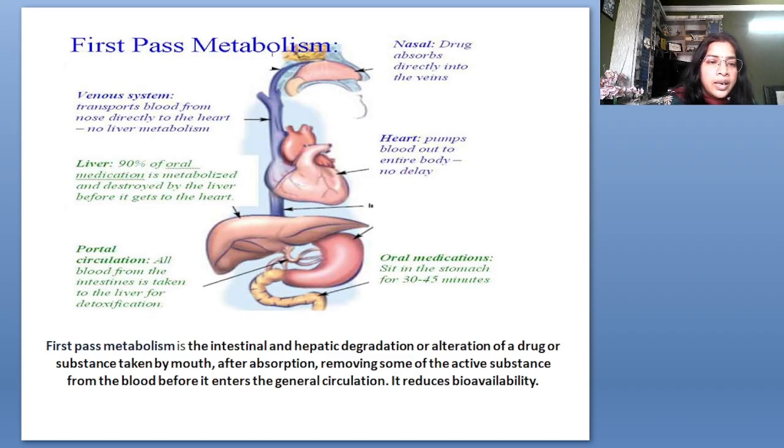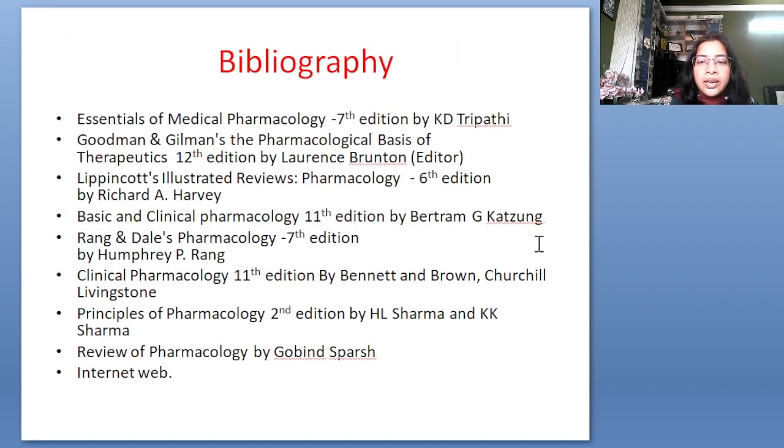For understanding the concepts better and in a detailed way, you can refer to these books: Essentials of Pharmacology by K.D. Tripathi, Goodman and Gilman's Pharmacological Basis of Therapeutics, Lippincott, Katzung and Trevor, and Clinical Pharmacology by Bennett and Brown. There are many good reference books to gain an in-depth understanding of this topic.